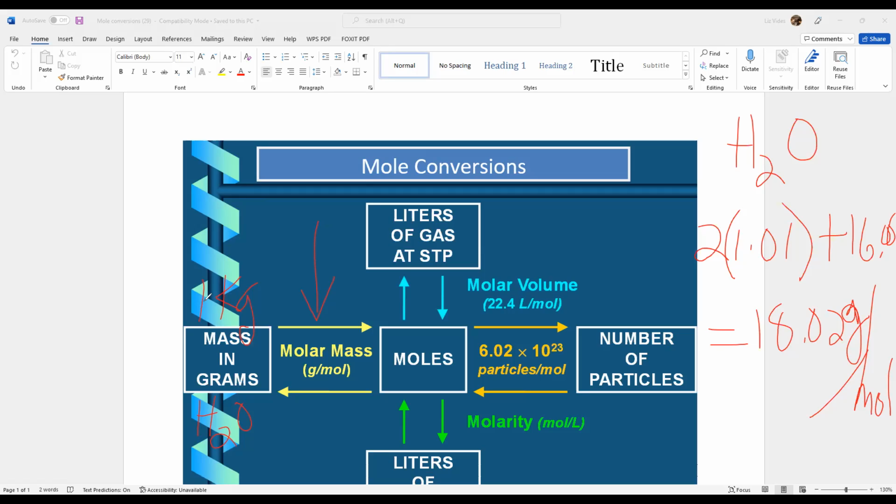But in this case, they gave you kilograms. So all you had to do is change kilograms to grams, right? So that's your first step. And then once you have moles of water, then you can use Avogadro's number to convert to number of particles.